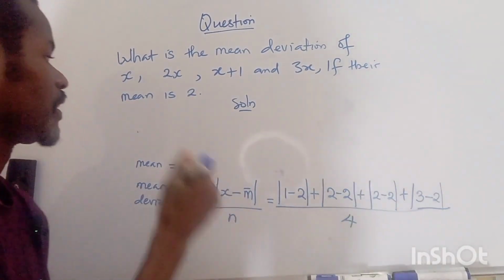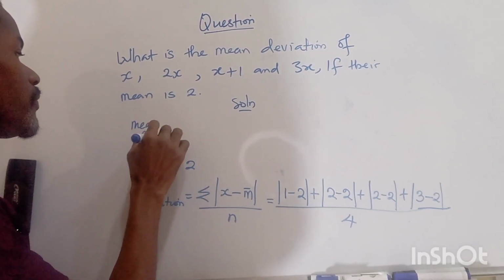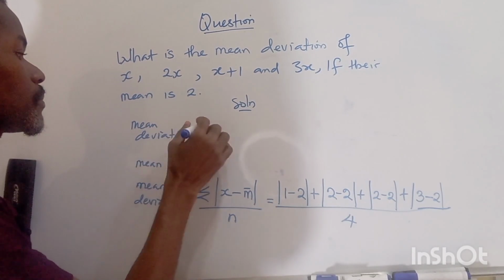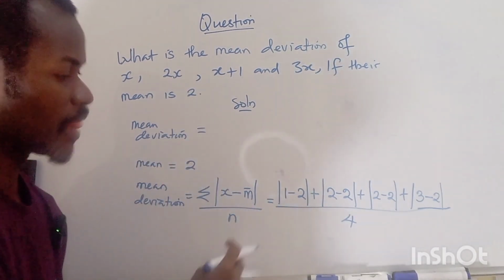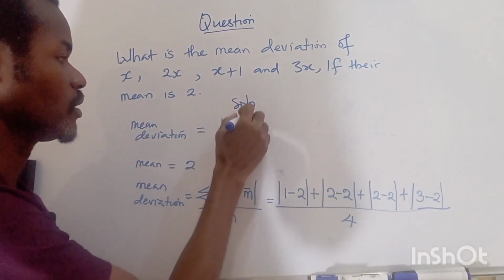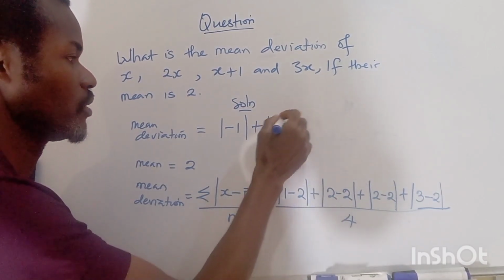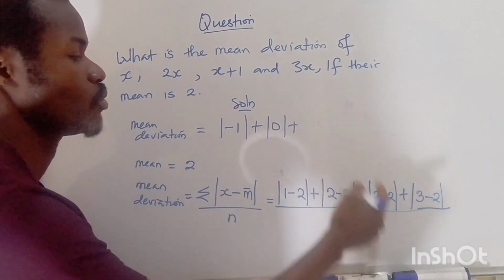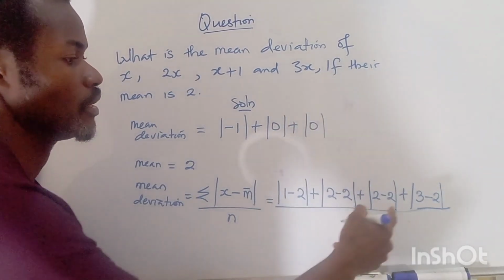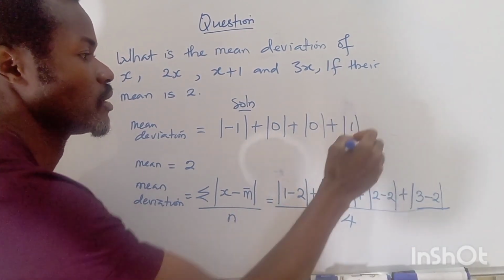Now let's see what this gives us. So our mean deviation is going to be: 1 minus 2, which is minus 1, plus 2 minus 2 is 0, plus 2 minus 2 is still 0, plus 3 minus 2 is 1.